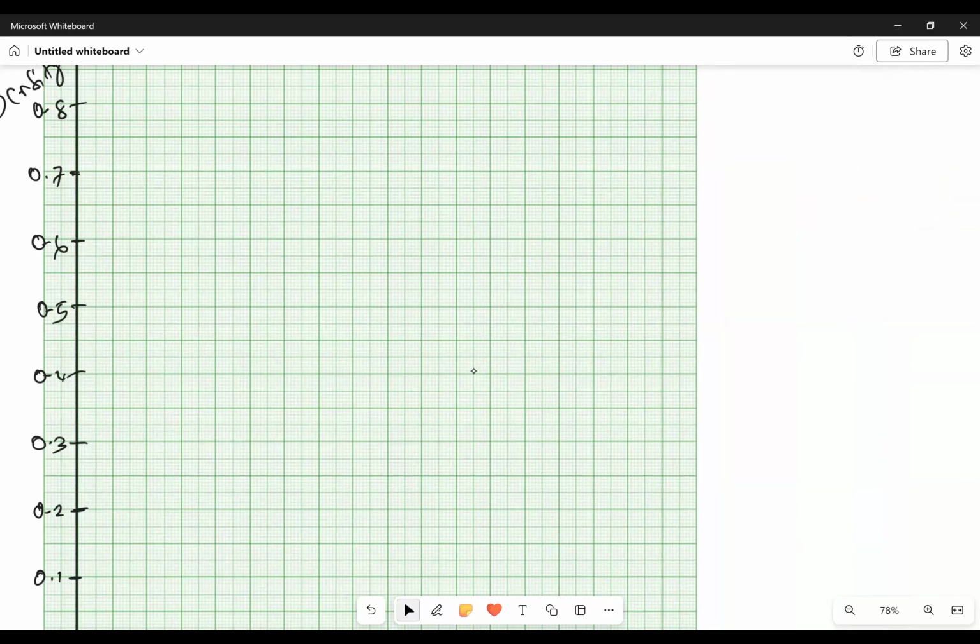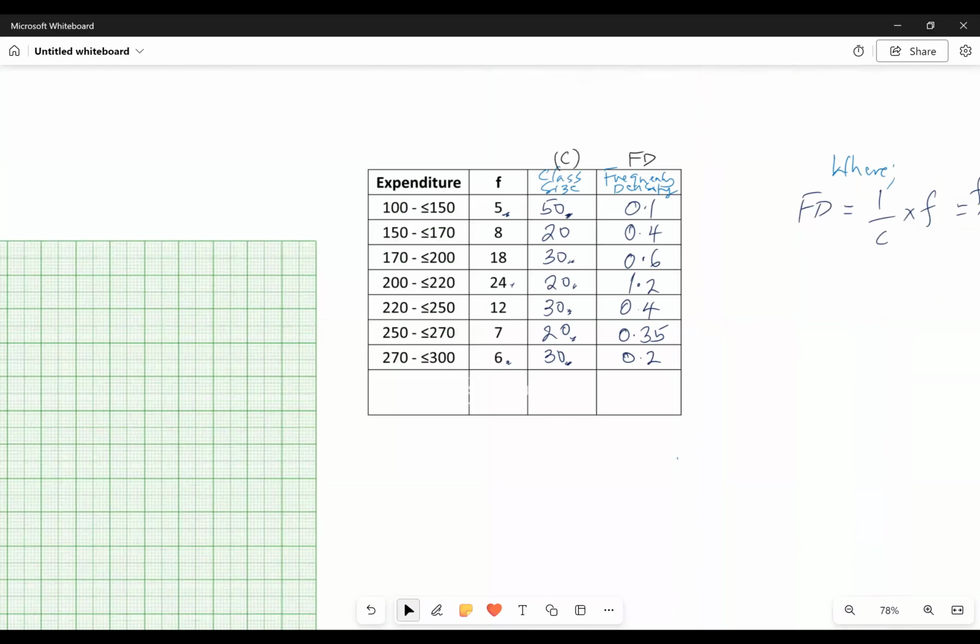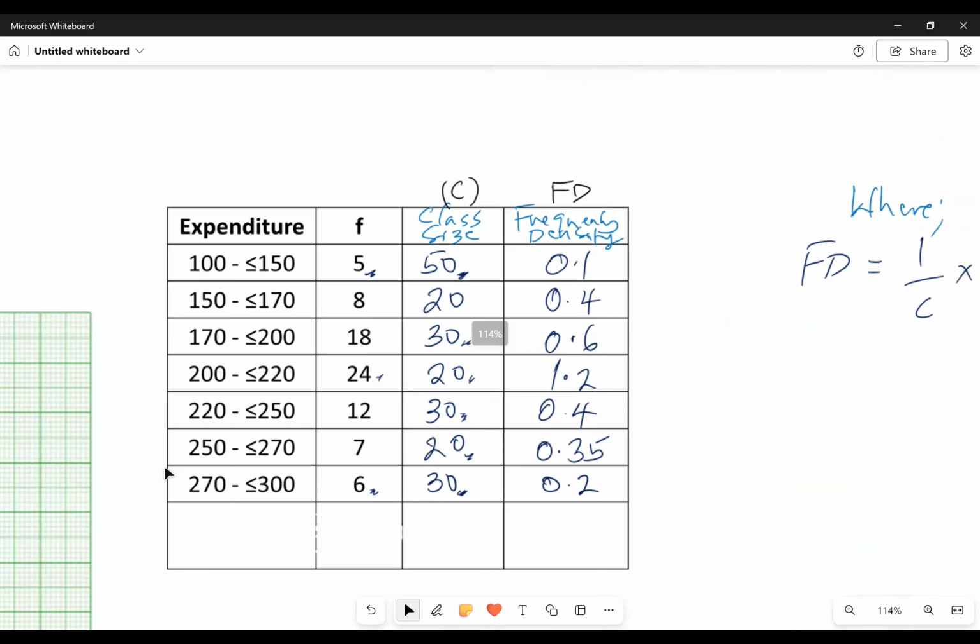So I was talking about this table here. Remember this table? All of you record this table that we have in our books. With this table, we shall need to start from 100. We start from the lower class boundary for the very first class, then 150, 170, 200, 220, 250, 270, 300, like that. We shall move like that.